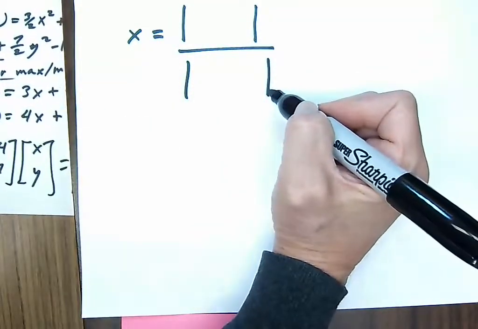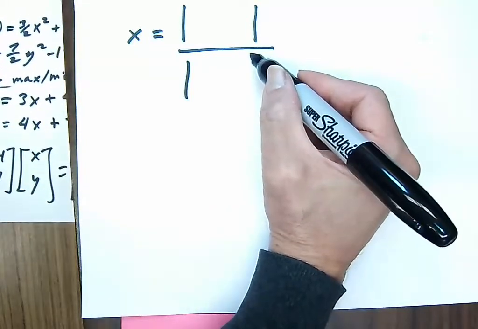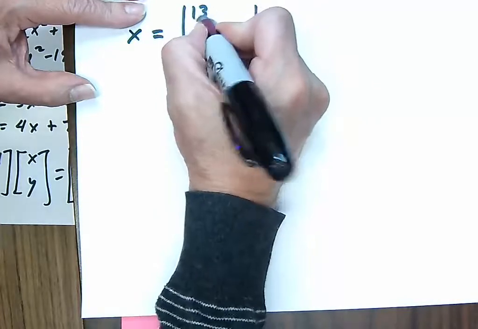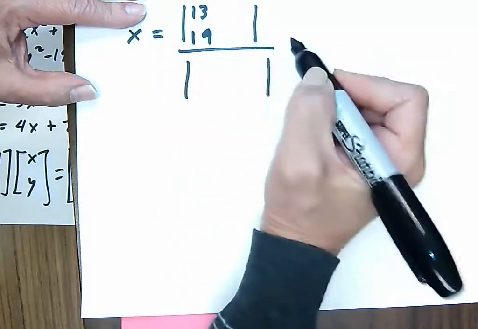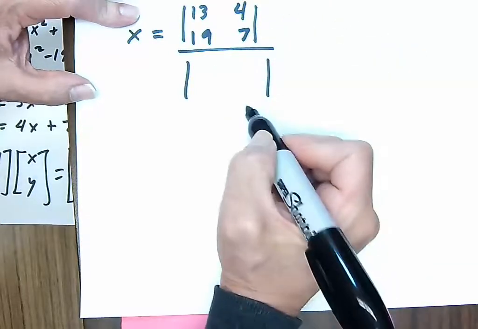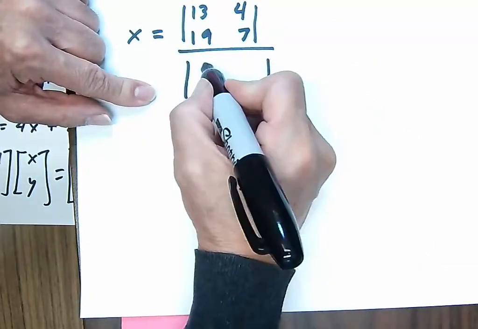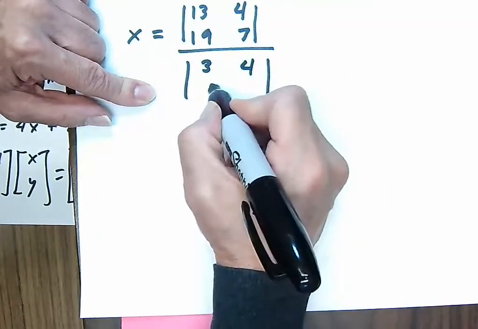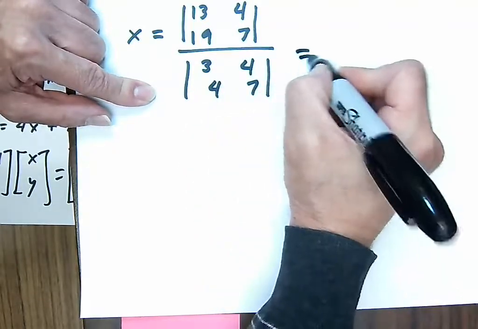And the determinant of the A1 matrix, what are the elements going to be there? Well, in the first column, we use the D column vector 13 and 19, and then we use the remaining elements of the A matrix. And the determinant of the A matrix is the determinant containing the elements 3, 4, 4, and 7.